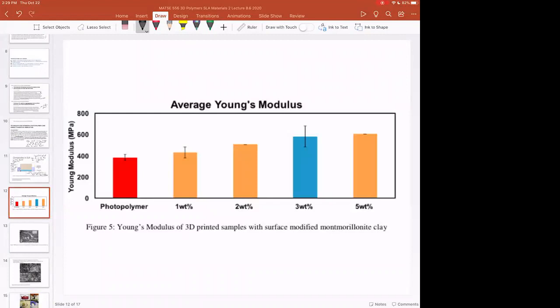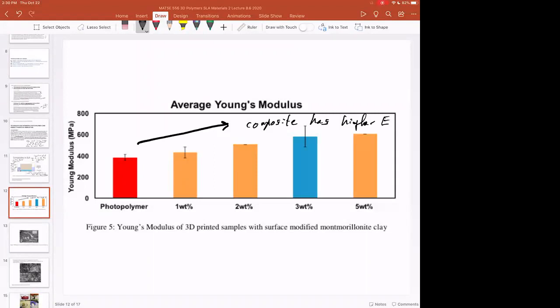And so, of course, why we're making composites in the first place is we see composites have higher modulus. That's good.